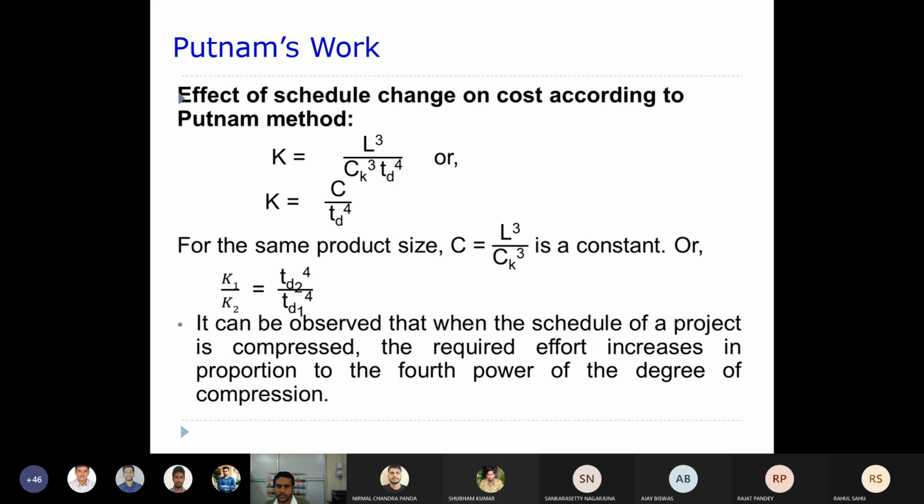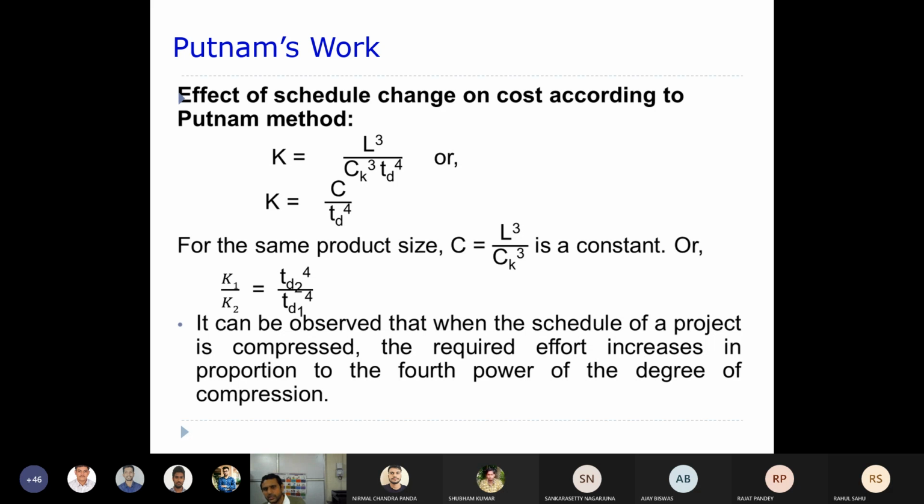We have seen that L is equal to Ck times K to the power of 1 by 3 times td to the power of 4 by 3. This is the equation we have seen in the past, the expression derived by Putnam.